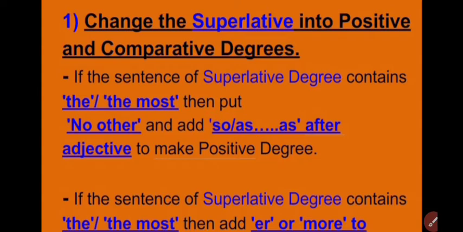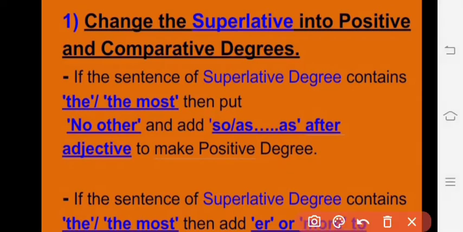The first type, what is the type that you have to remember? If the sentence of superlative degree contains the or the most, then put no other and so as or as after that to convert into positive.